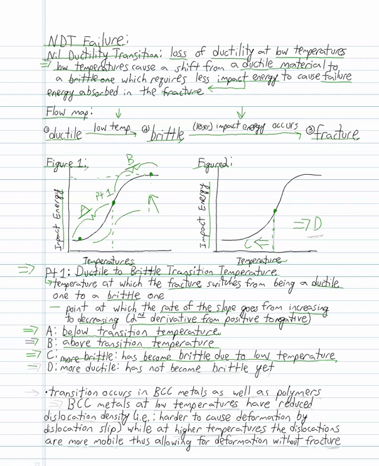While D is going to be more ductile, and that's because it has not become brittle yet. D over here is still above this transition temperature. That means it hasn't gone through the ductile to brittle phase.